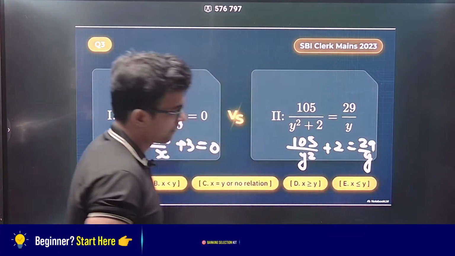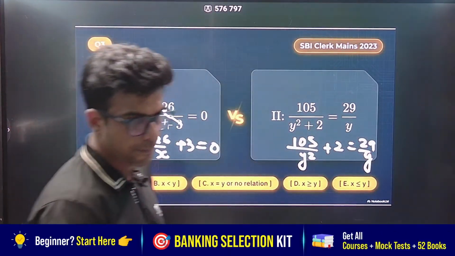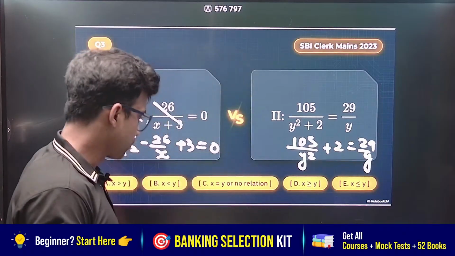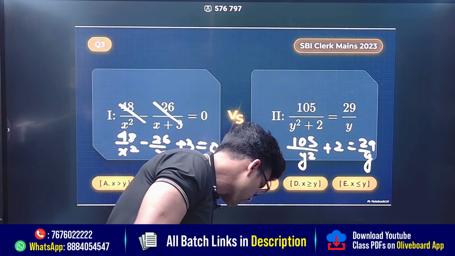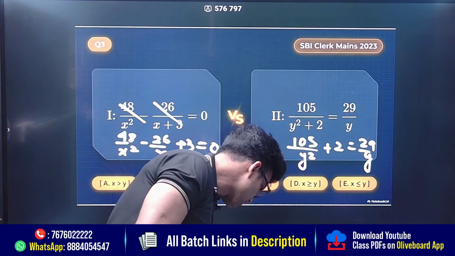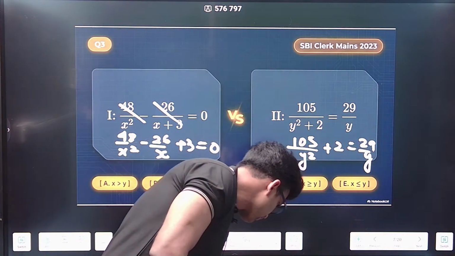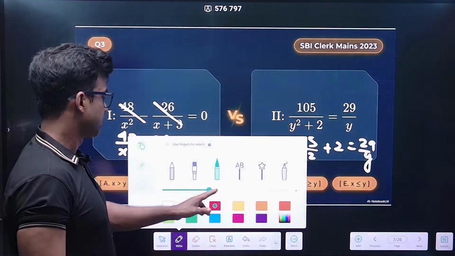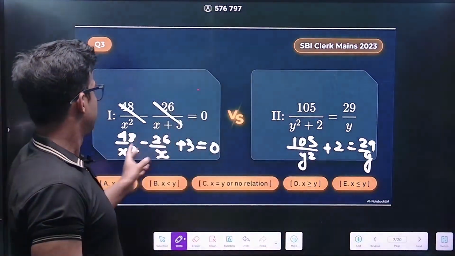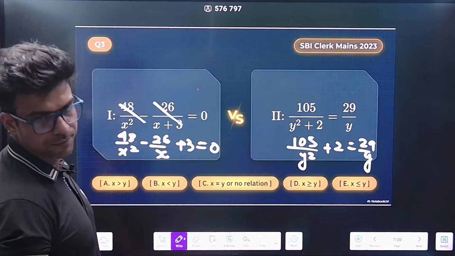This is the equation. I have written the question here. Visible now? You have 48.